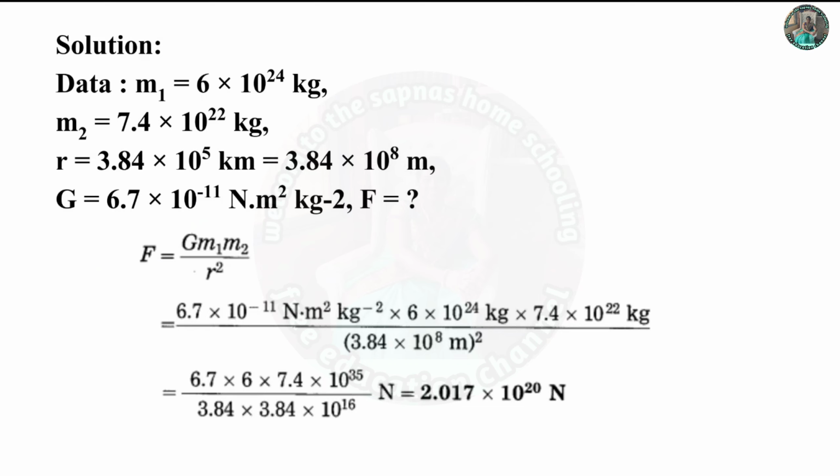So F is equal to G M1 M2 upon R square, which is equal to 6.7 into 10 raised to minus 11 Nm² per kg² into 6 into 10 raised to 24 kg into 7.4 into 10 raised to 22 kg upon (3.84 into 10 raised to 8 meter) square, which is equal to 6.7 into 6 into 7.4 into 10 raised to 35 upon 3.84 into 3.84 into 10 raised to 16 Newton, which is equal to 2.017 into 10 raised to 20 Newton.